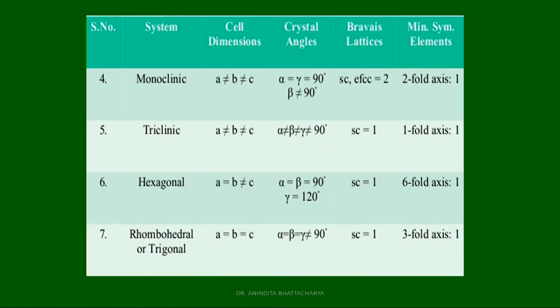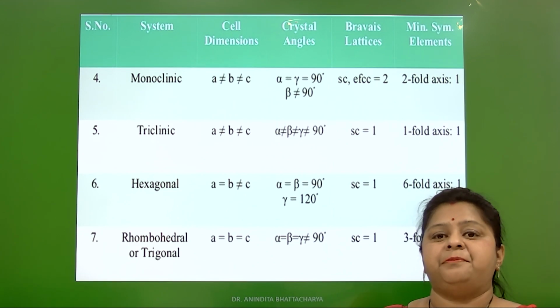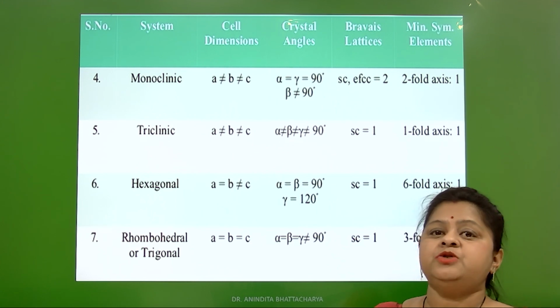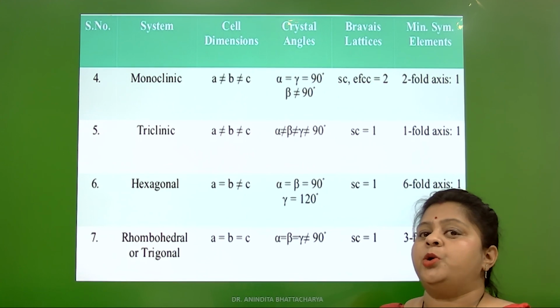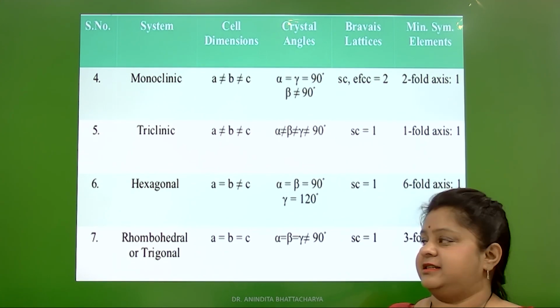Again in this we have two sides equal and the third is not equal, so a = b but they are not equal to c. In this, two angles are equal to 90 degrees, that is alpha and beta, whereas the gamma angle is 120 degrees. And in this we have only the simple structure and only one six-fold axis.